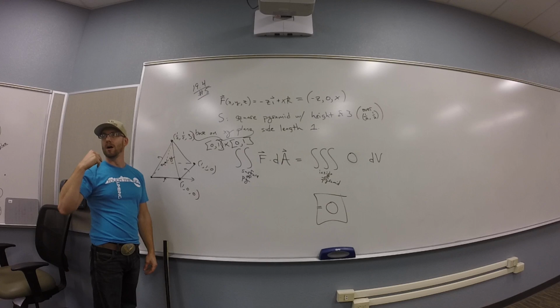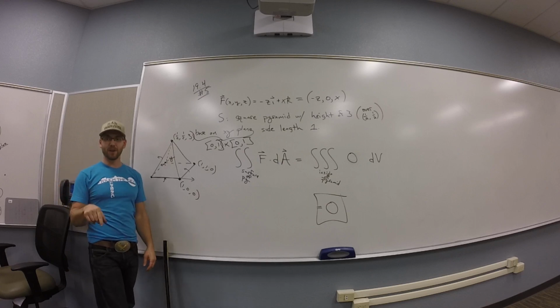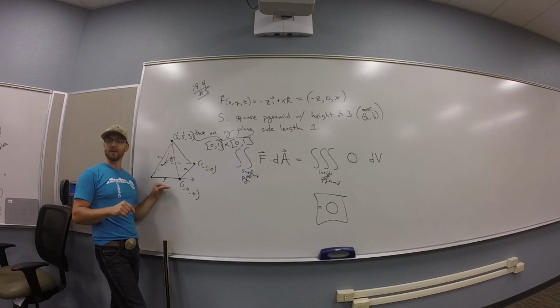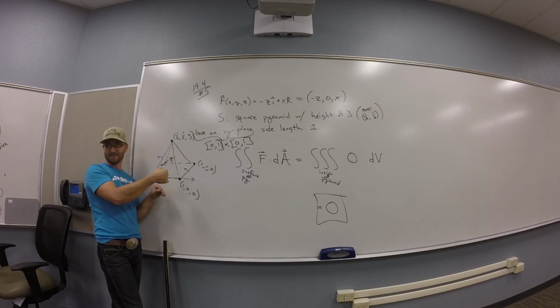What I know is that at the very least, the flux through the bottom matches the flux through the 4 other sides put together with opposite sign, right?